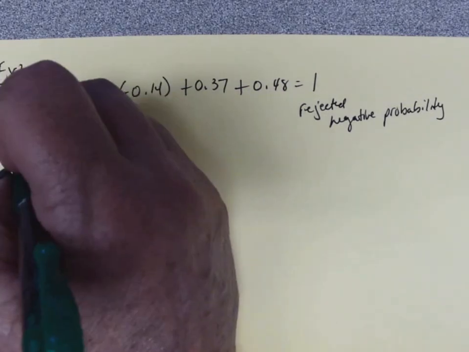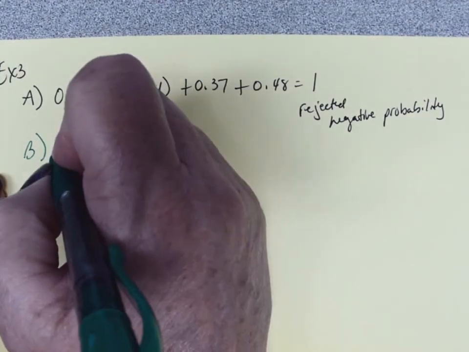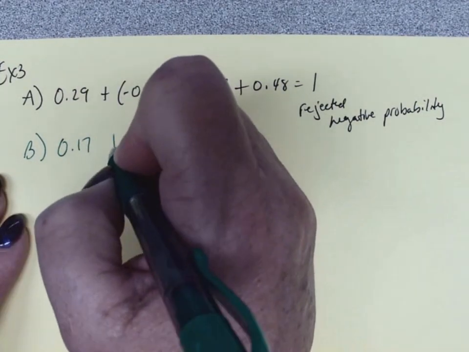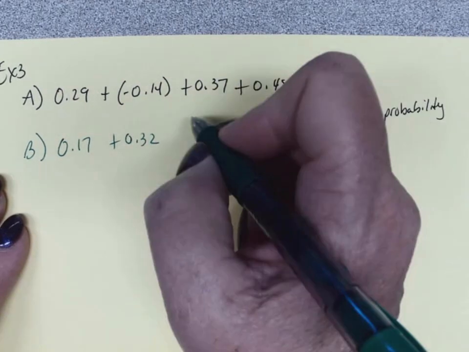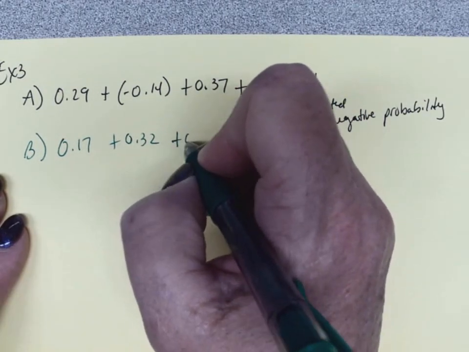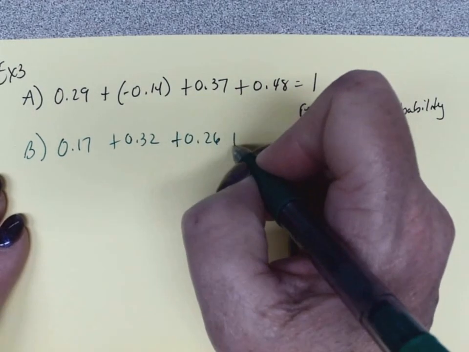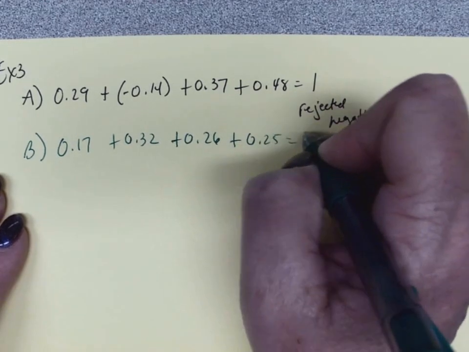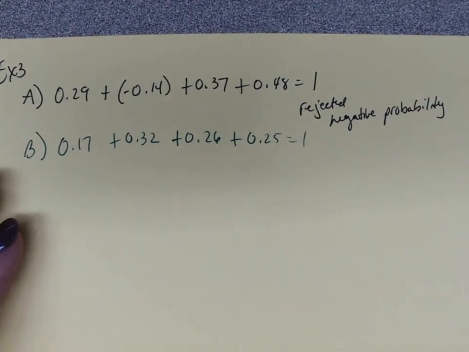All right, let's look at B. So we have 0.17 plus 0.32 plus 0.26 plus 0.25 equals 1 as our total.